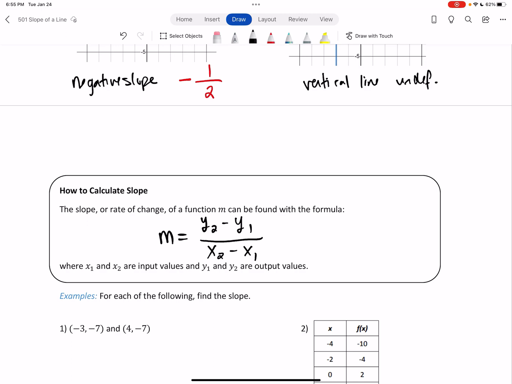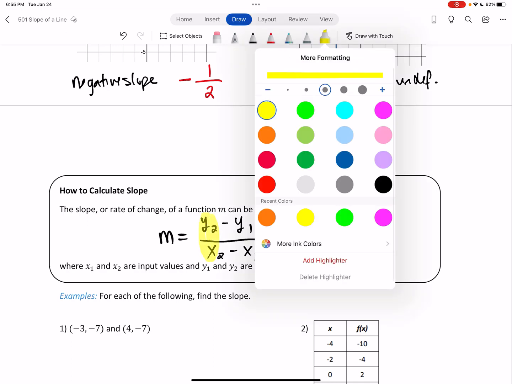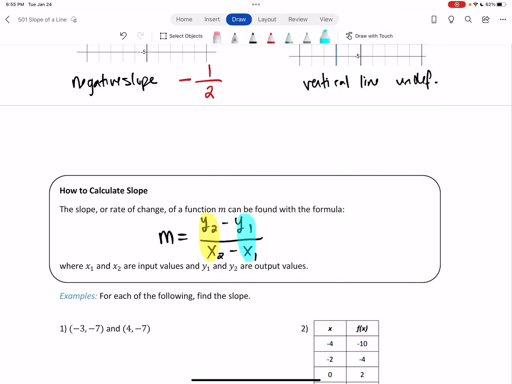What you want to remember is that x2, y2 and x1, y1 come from the same points. So whichever y coordinate you put first in the numerator, the x coordinate has to go first in the denominator. You can't change the order.